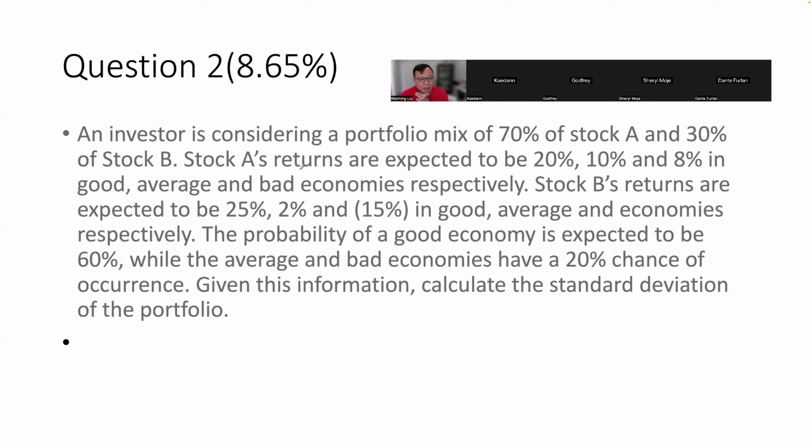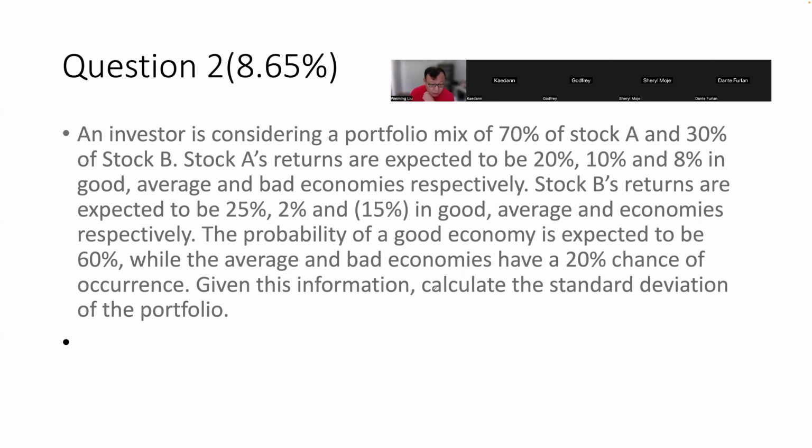Stock B's returns are expected to be 25%, 2%, and 15% in the three conditions, respectively. So the probability of a good economy is 60%, and the other two have 20% each, okay? Given this information, calculate the standard deviation of a portfolio.